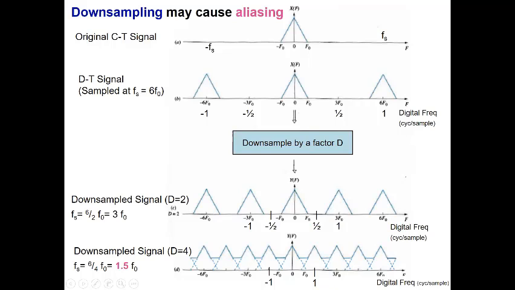So downsampling can create aliasing if you have violated the Nyquist criterion for the lowest sampling rate. That's why we distinguish two processes for downsampling. Downsampling usually implies exactly what we've just said here: throwing away some number of samples and creating a signal that looks like it was sampled at a lower rate.